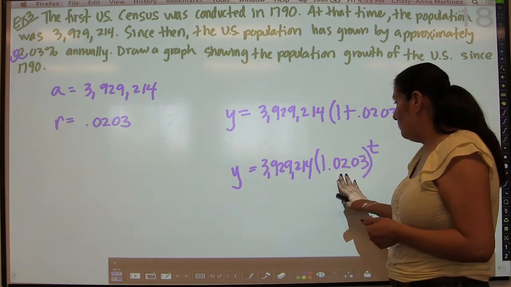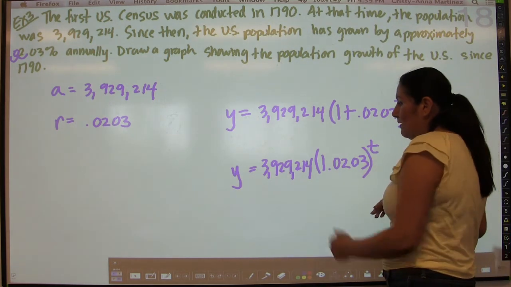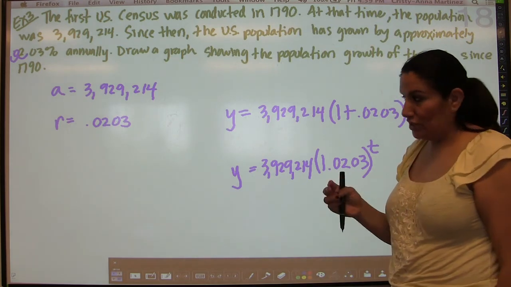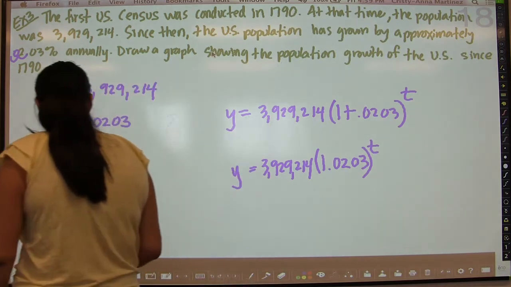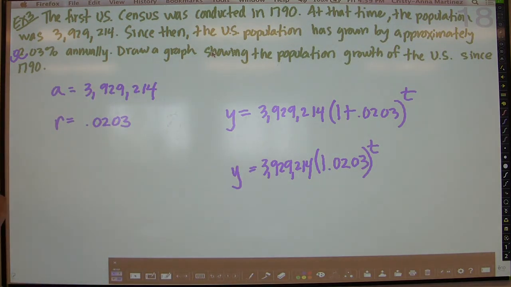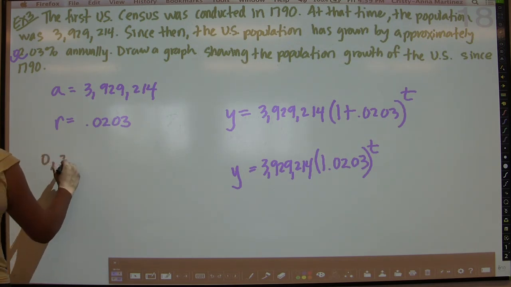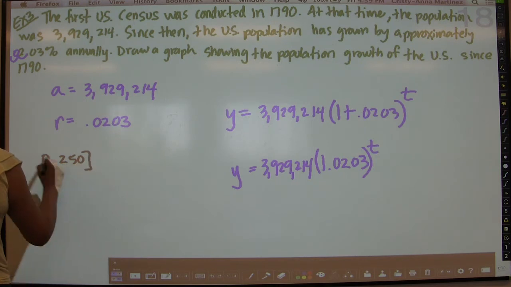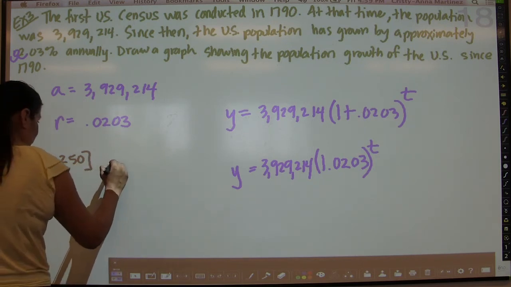You would go 1.0203, raise it to the power, and then multiply it by 3929214 to get your answers. But what I wanted to tell you is, like I said, we're not going to graph it here on the board, but I did want to give you the scale. You want to go from 0 to 250 on a scale of 25.